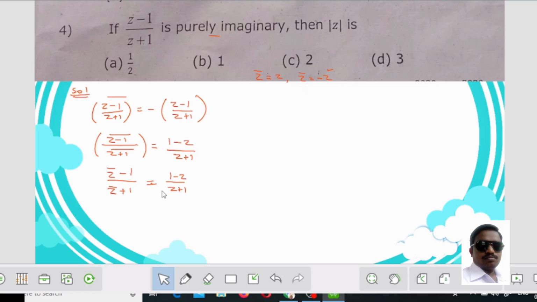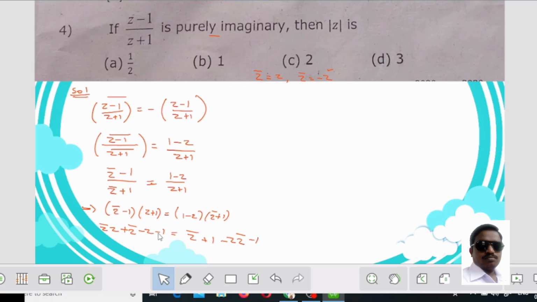Now you cross multiply these things, you get z bar minus 1 into z plus 1 equal to, on the right side, 1 minus z into z bar plus 1. You multiply these two things: z bar into z plus z bar minus 1 into z minus z minus 1 into plus 1 minus 1, which is equal to 1 into z bar, 1 into 1, 1 minus z bar minus 1 into plus 1 minus 1.